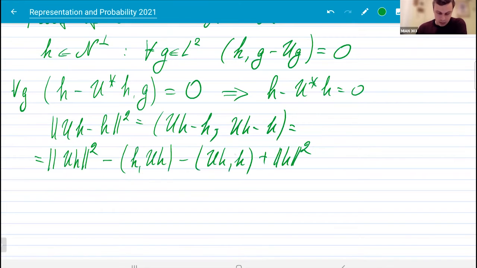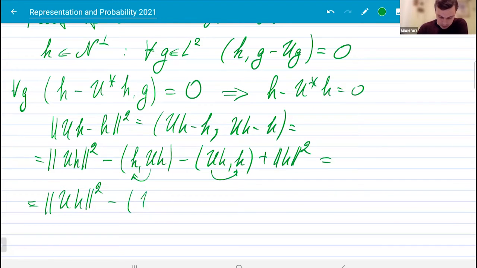So then I shift this U to the other side, and you have this.